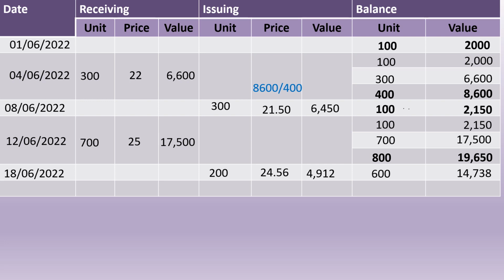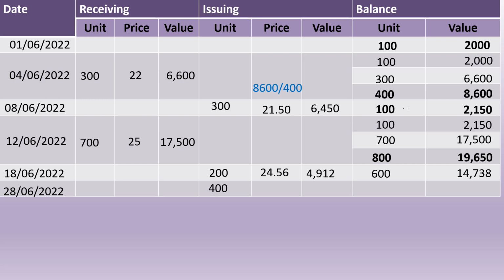So the value is 14,738. Now let's move on to the final transaction, which is on 28th June. They are going to issue 400 units. Then we are going to take the weighted average price as above. That is, from 14,738, we are going to divide by 600.